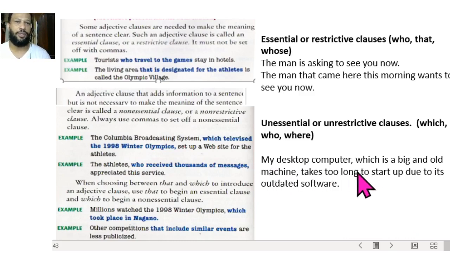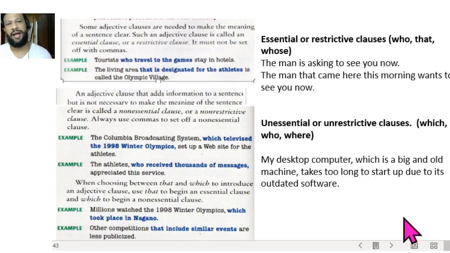My desktop computer, which is a big and old machine, I'm adding a description of it. It's not necessary to say what I want to say. It's simply adding information. Takes too long to start up due to its outdated software.